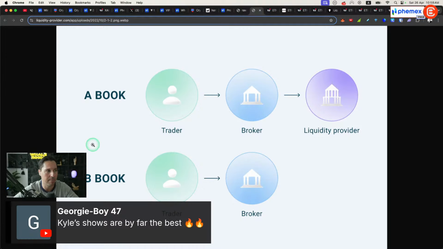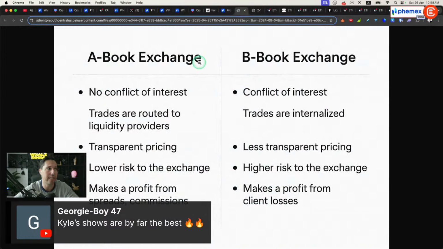A B book exchange is just the trader and the broker. The difference between these two is the following: when you're trading on an A book exchange like Phemex, there's no conflict of interest, whereas B books have a conflict of interest because the trades are internalized, meaning when you lose, they win.